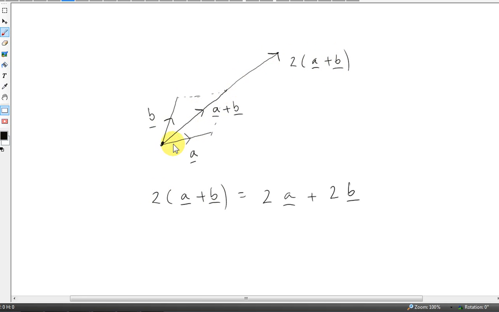But we could also arrive at this vector by multiplying 2 by a. So if we double vector a, we get this vector here. And then multiplying 2 by b. So we double the length of vector b. And adding the results using the parallelogram law. So we just complete this parallelogram and we get the same result.